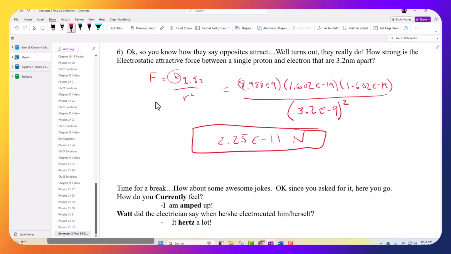Why are we using a 3.2? It's supposed to be a radius. So when we talk about radius, this is a good question. It's the same as asking about the radius of planetary movement. If you talk about the two objects, here's my positive, here's my negative. A radius is a circle, and typically things like planets orbit each other.